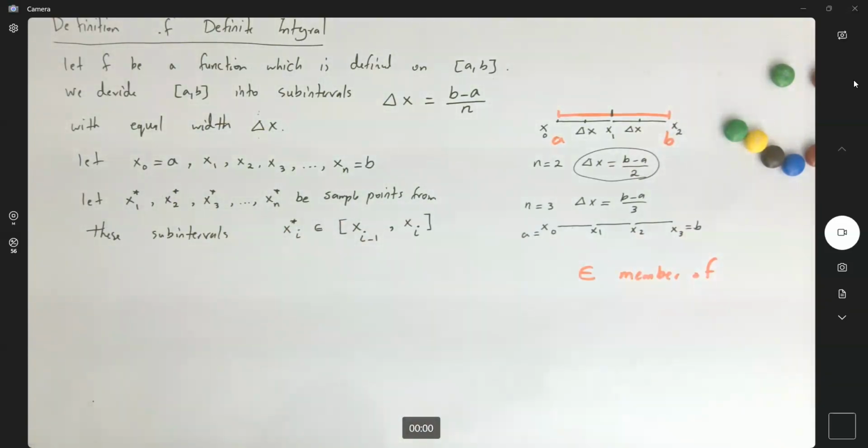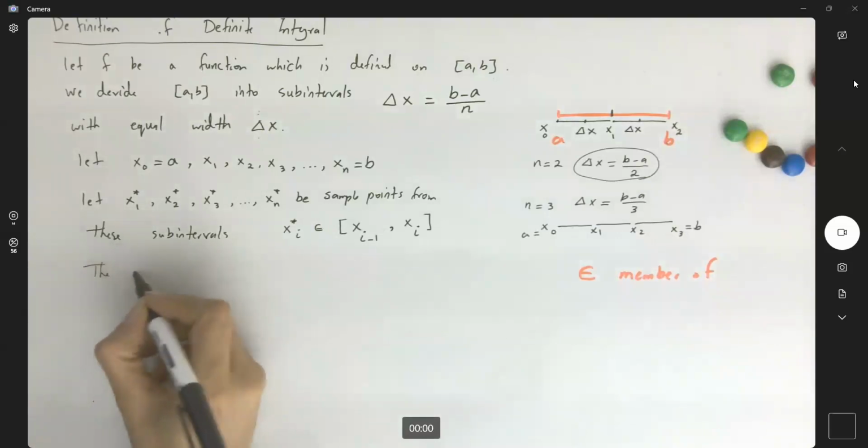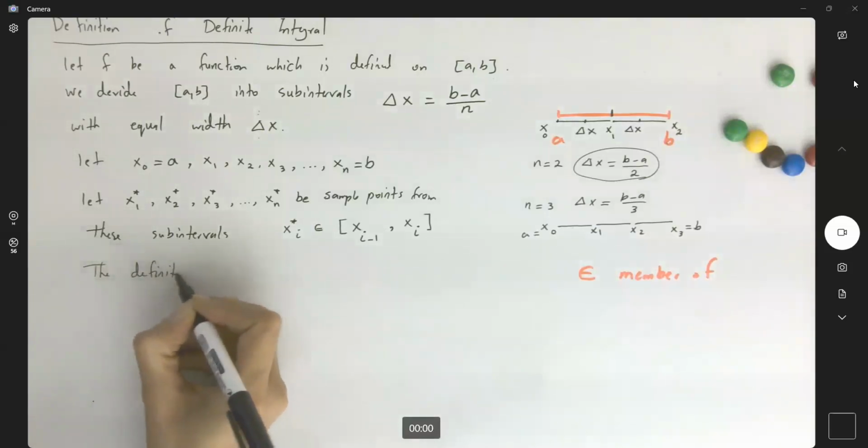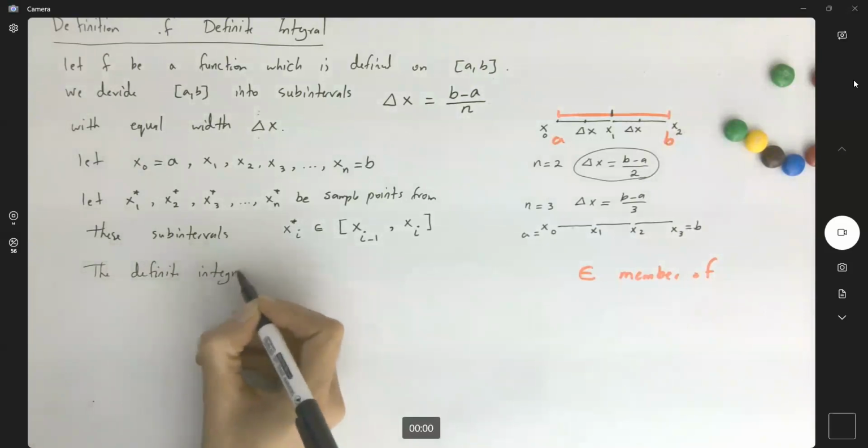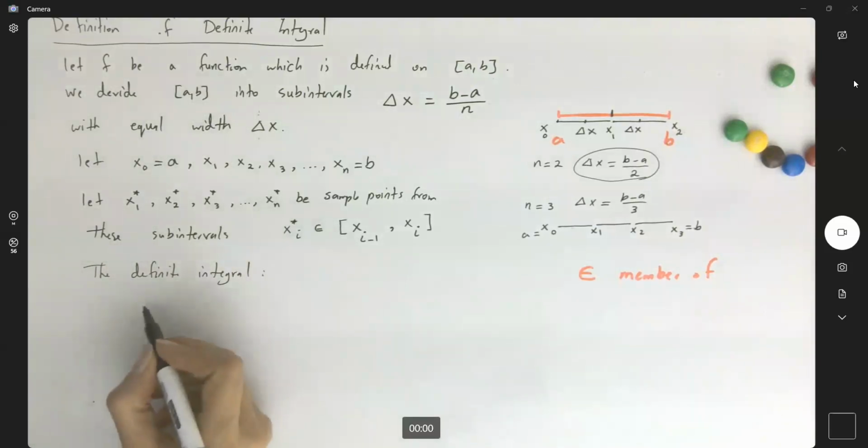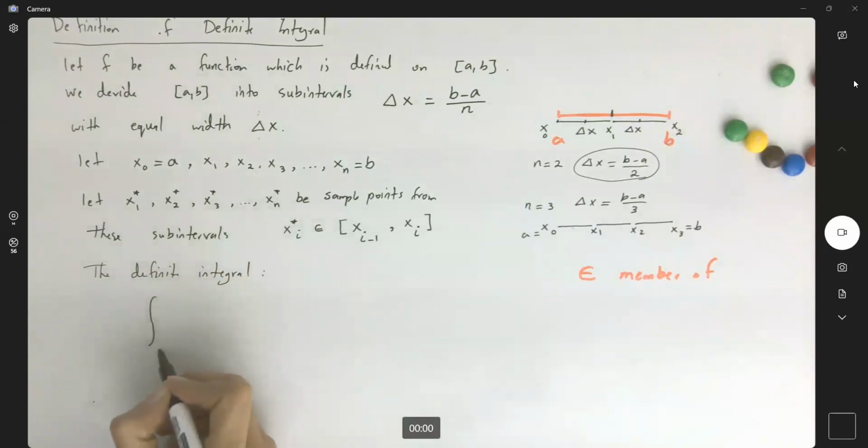Perfect. The definite integral is defined this way. First of all, we denote this by the integral sign, with a the lower limit and b the upper limit.